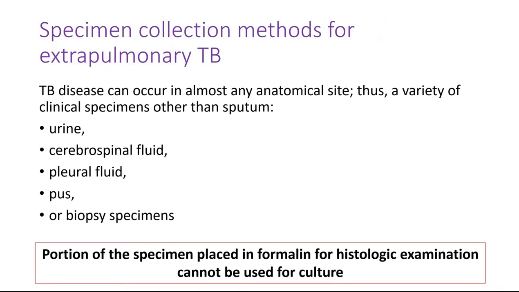And specimen collection methods for extrapulmonary TB. You know that TB disease can occur in almost any anatomical site. Thus, a variety of clinical specimens other than sputum may be submitted for examination when extrapulmonary TB disease is suspected.